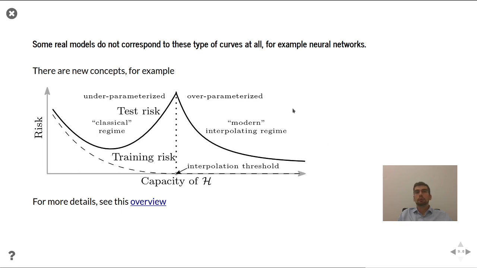And the majority, or actually all, of the methods we will discuss during the course belong to this part of the graph. And some modern methods like deep neural networks are here.